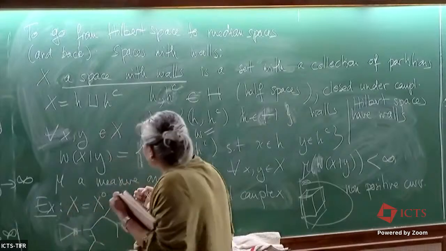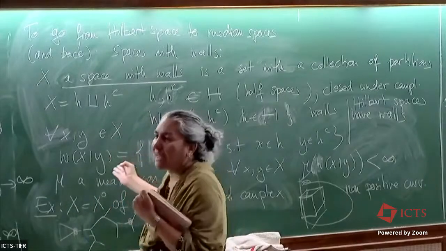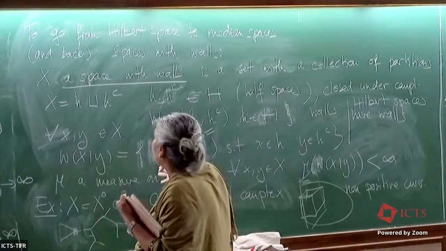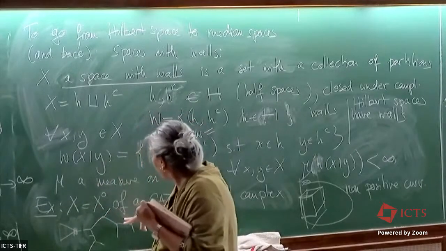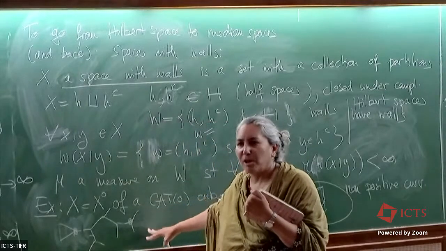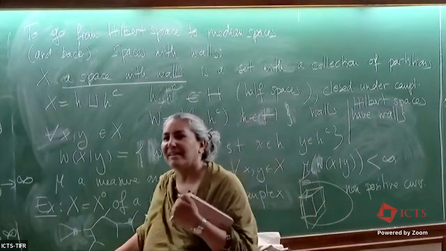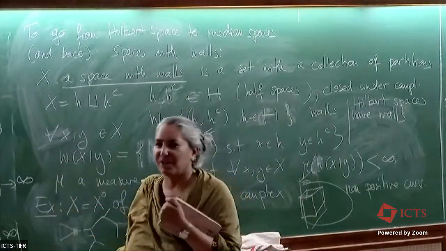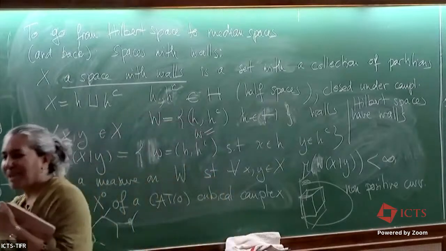And in fact, just as cat-0 cubical complexes and wall spaces are the same thing, Hilbert spaces and measured wall spaces are the same thing as well. And I'm going to talk about that next time. Thank you very much.